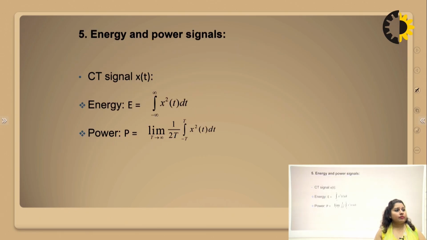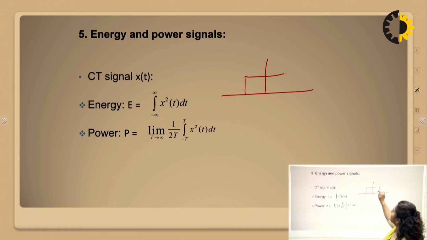Next category is energy and power signals. Energy signals are those signals which are bounded and non-periodic in nature. If you see the periodicity, the periodic signals are those which extend from minus infinity to infinity. But in the case of energy signals, these signals are always bounded, for example, a rect signal like rect(t by 2).